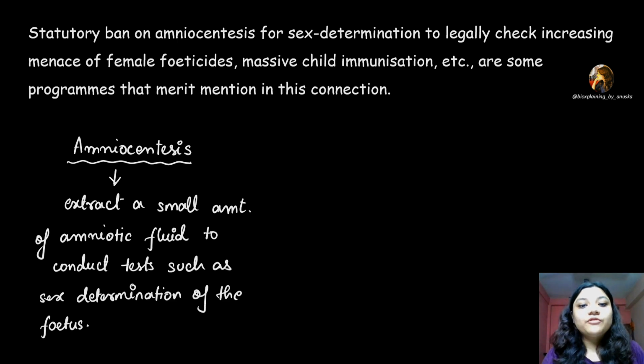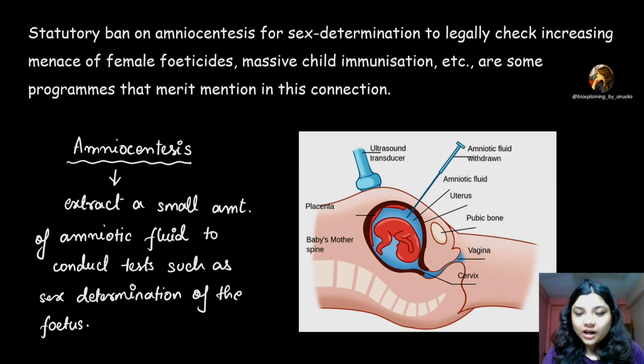Amniocentesis is when a person is pregnant, then like we have already read in the reproduction chapter, the fetus is there and it is surrounded in a cushion, that is the amnion.